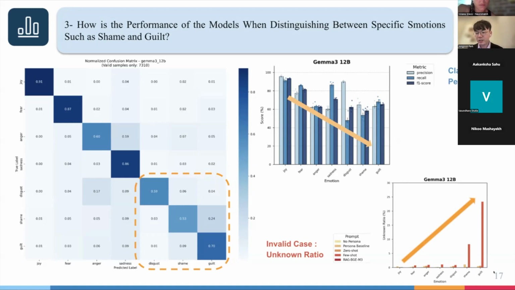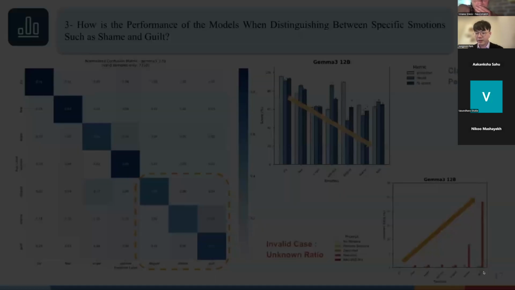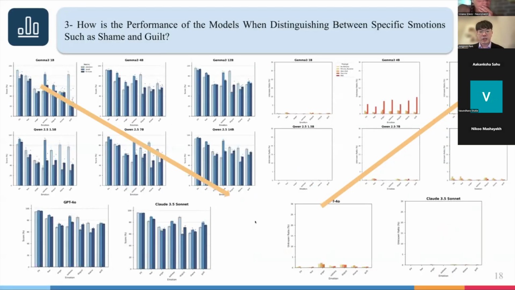A higher unknown ratio was observed in some emotion classes such as shame and guilt, and this kind of trend was observed across all experimental conditions. The shame and guilt classes show a lower level of accuracy and a little bit higher level of unknown prediction failure cases.